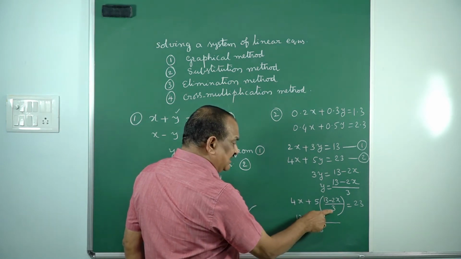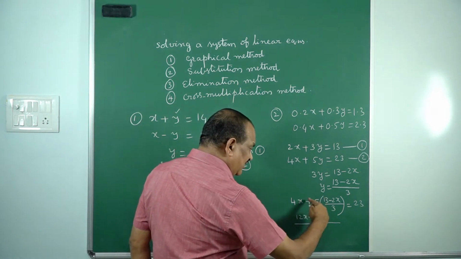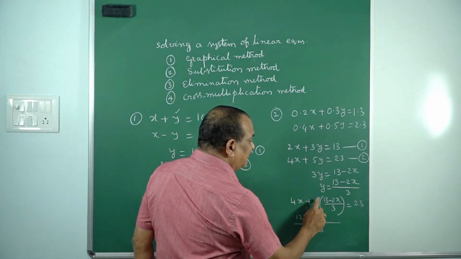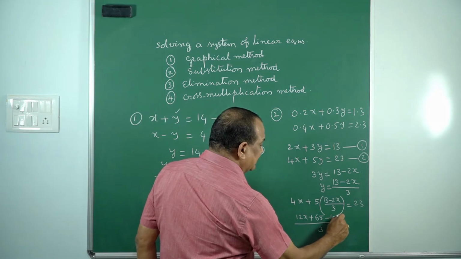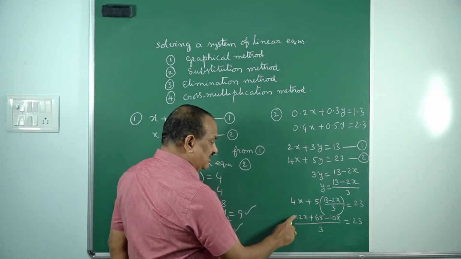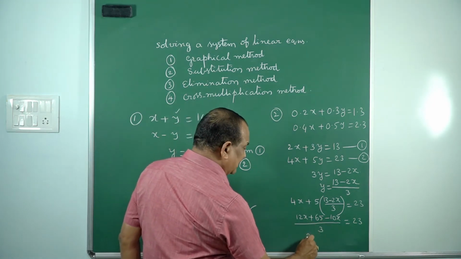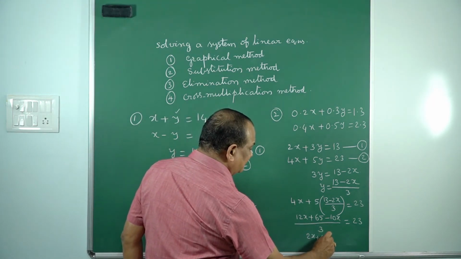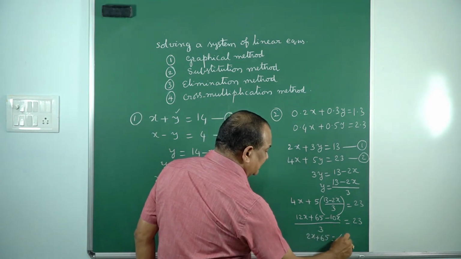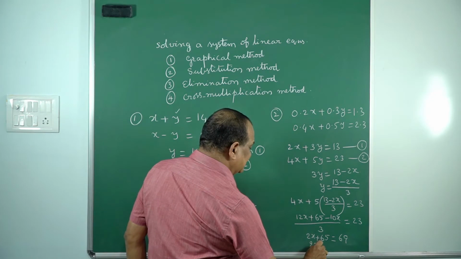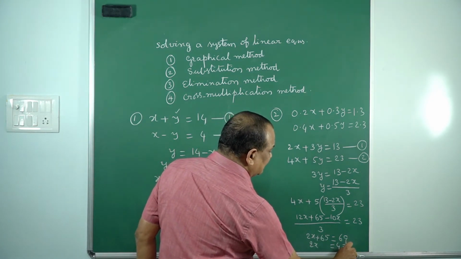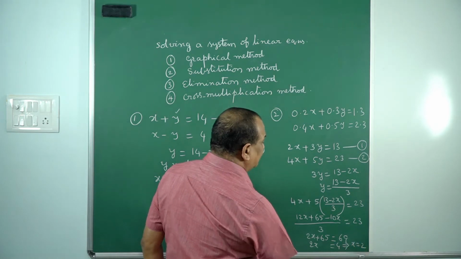In this, 3 goes one time, whatever I have on the top: 5 into 13 is 65, 5 into minus 2x is minus 10x, is equal to 3 times 23. Further, 12x minus 10x is 2x, plus 65 is equal to 69, and twice x is 4, since 69 minus 65 is 4. It implies x is equal to 2.